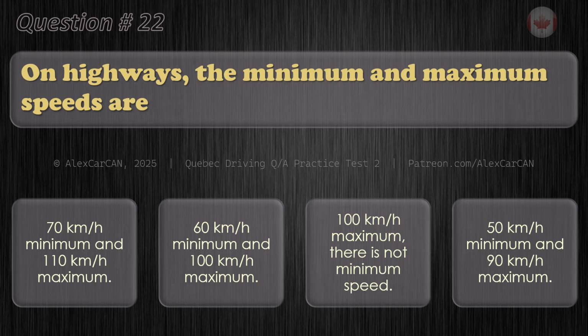There is no minimum speed. 50 km per hour minimum and 90 km per hour maximum. The correct answer is 60 km per hour minimum and 100 km per hour maximum.